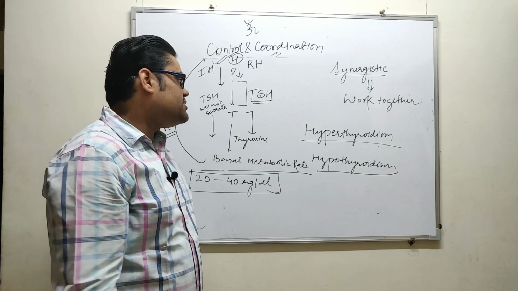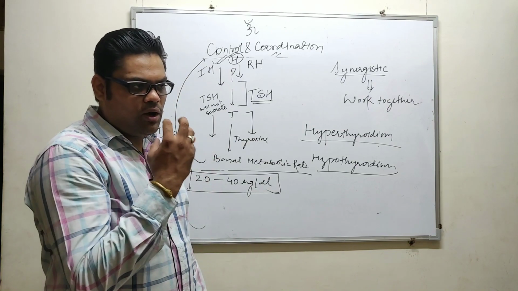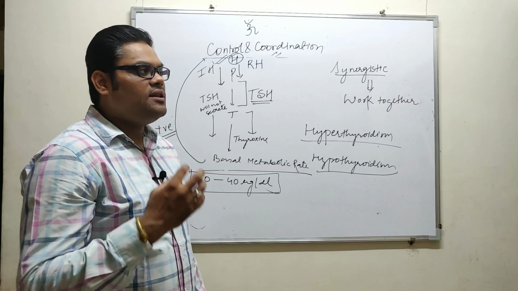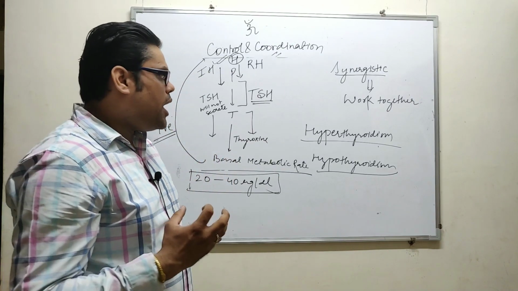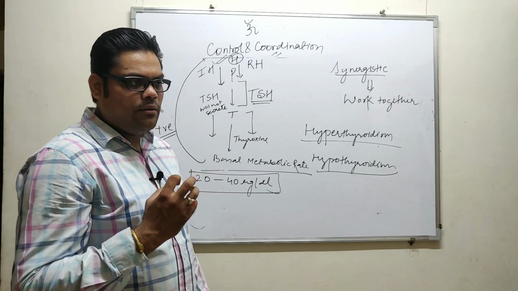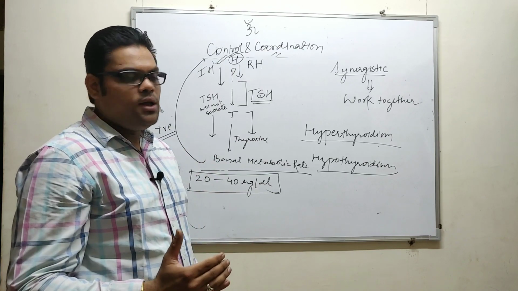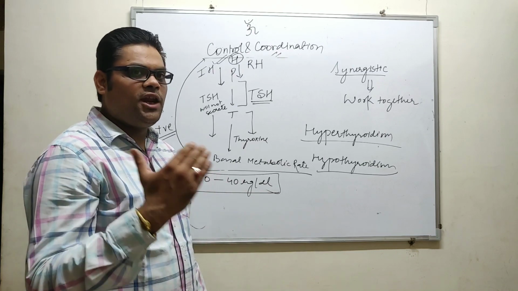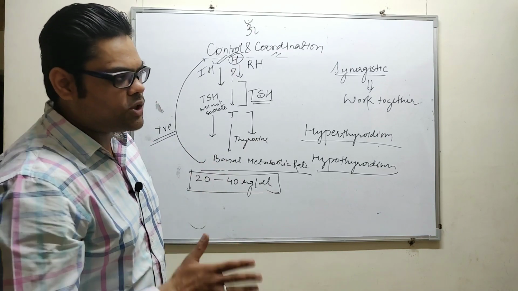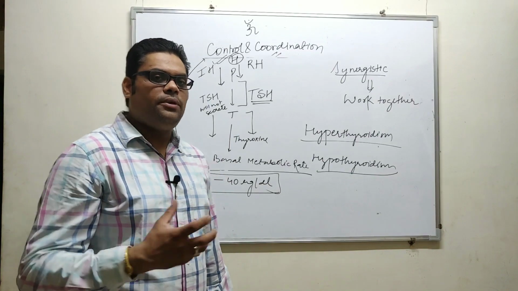In goiter, the gland swells, the thyroid follicles increase in size, and the cells undergo hypertrophy. Why? Because to secrete more hormone, the gland increases its size, but the gland doesn't know that hormone cannot be processed because iodine is not there. So that is simple goiter.